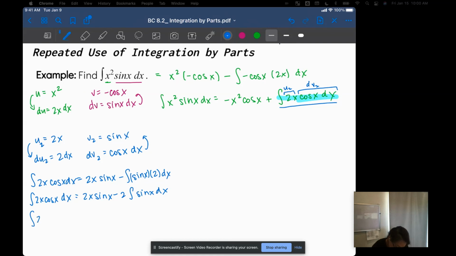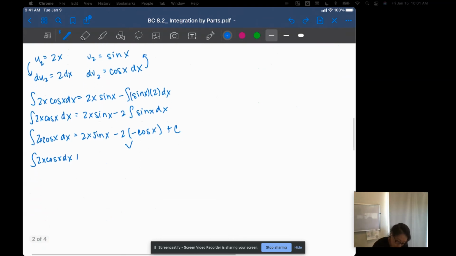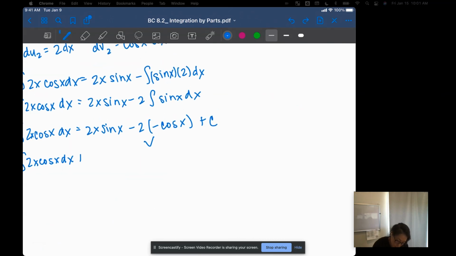So I get 2x cosine x dx is equal to 2x sine of x minus 2 times negative cosine of x plus c. And I can see that these are going to make a positive. I'll just rewrite it: is equal to 2x sine x plus 2 cosine x plus c.